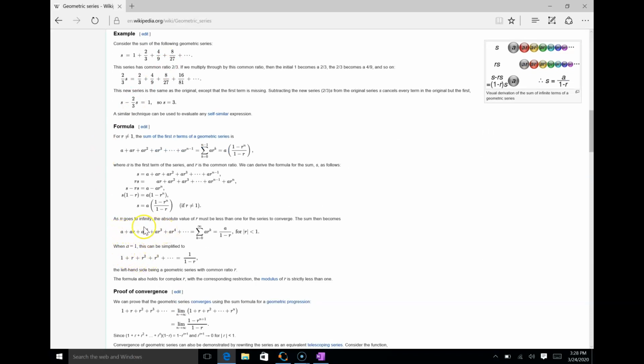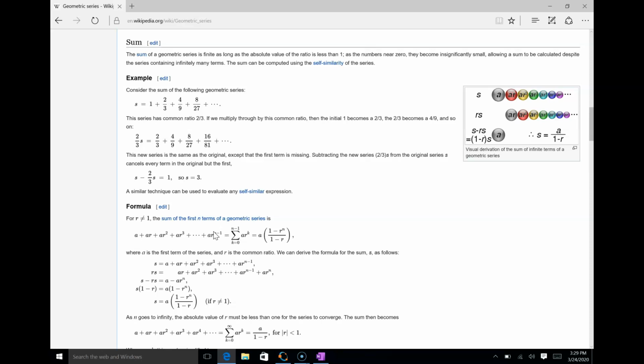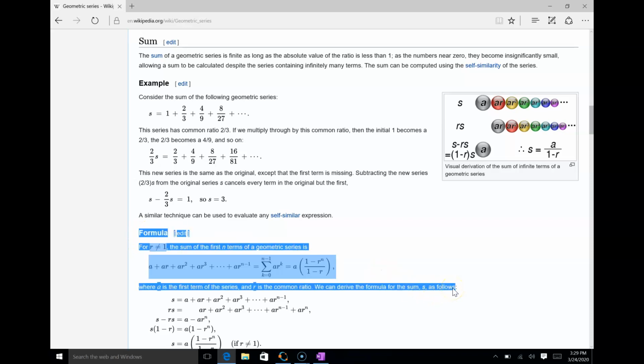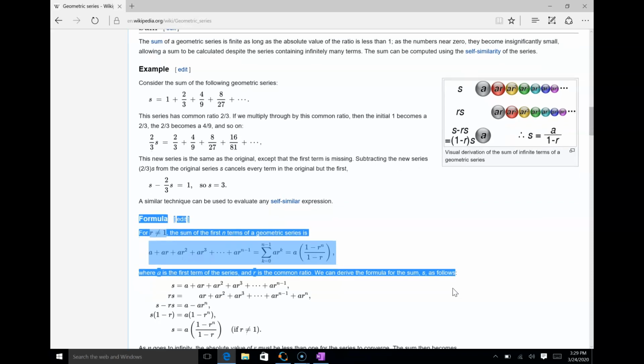So here's what we have: a times r to the n power. Here goes the formula. We're going to go ahead and use that.